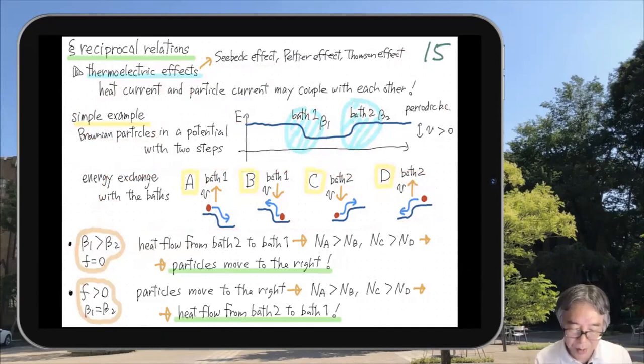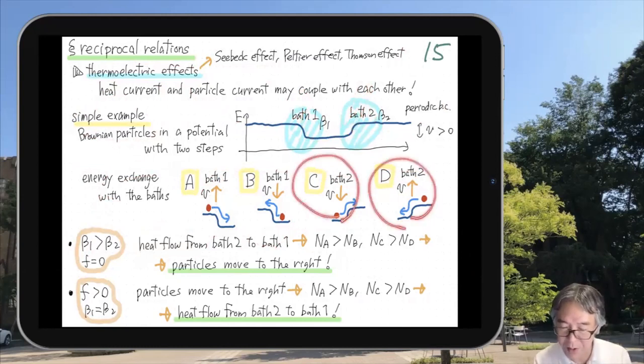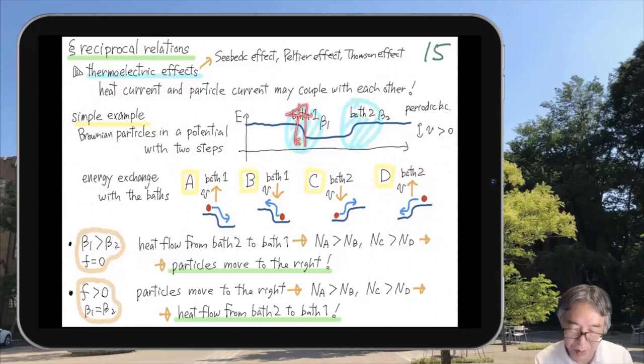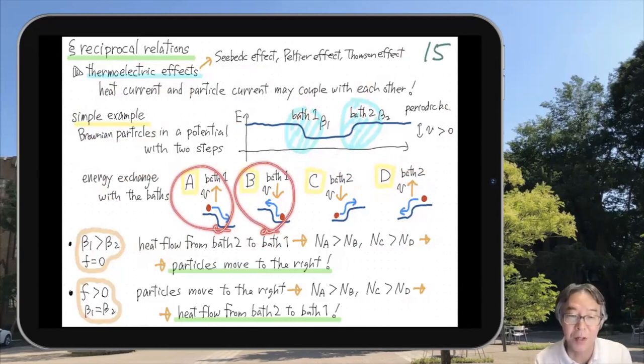With this assumption, in order to have heat flow from bath 2 to bath 1, heat wants to come from here and go here. So for heat to come in from bath 2 to the system, this process should happen more often than this process, right? And similarly, the heat should go from the system to bath 1. So this means that this process should happen more often than this process. So these are the number of the processes.